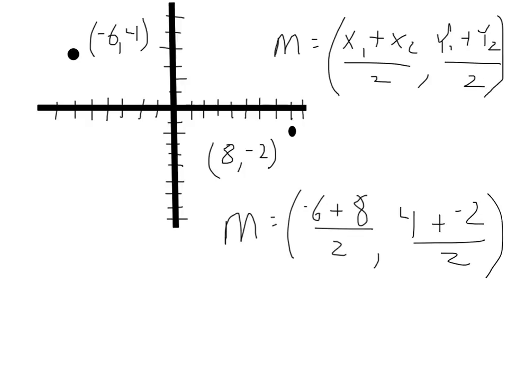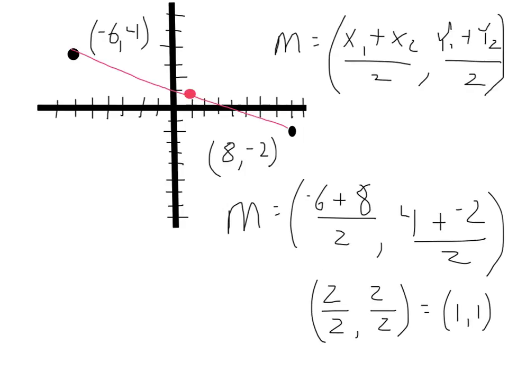Then we simplify this. We're going to get 2 over 2, comma, 2 over 2. So the midpoint of these 2 points is the ordered pair 1, 1. As you can see, the ordered pair 1, 1 is the midpoint of the ordered pair negative 6, 4 and the ordered pair 8, negative 2.